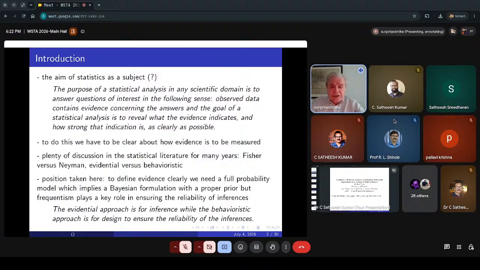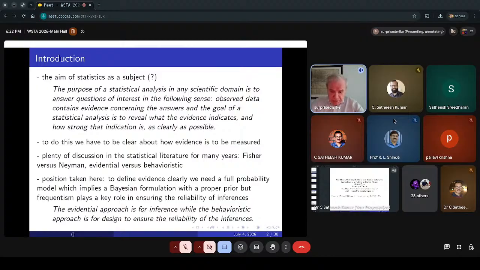There's another aspect: the evidential approach may not be as well taken up these days because we need to be proper Bayesians. We'll see why in a few moments.